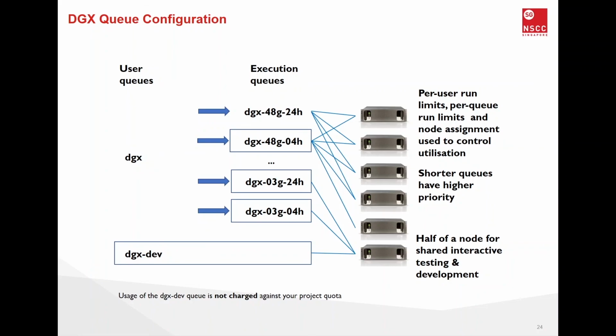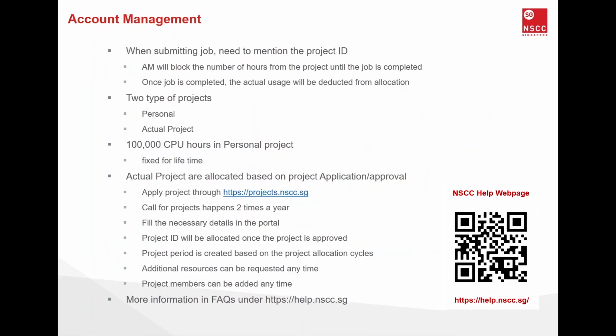The next component of Altair PBS Pro is AM, or account management. We often refer to these as projects in NSCC. Basically, AM is an allocation management system where users are pre-allocated a certain number of CPU hours, either for personal execution or through project allocation.